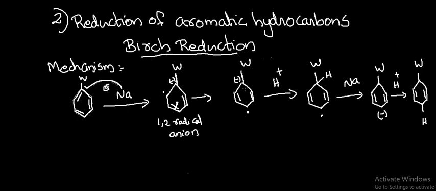Then it abstracts a proton and is converted into this radical compound. This radical compound is again treated with sodium to transfer one electron to this radical and is converted into an anion.